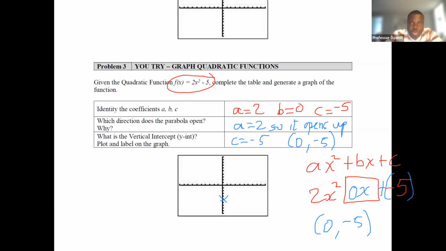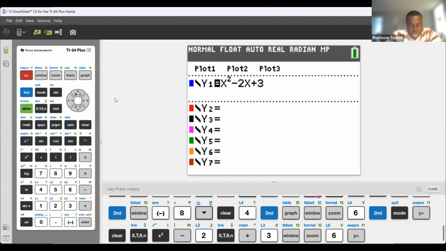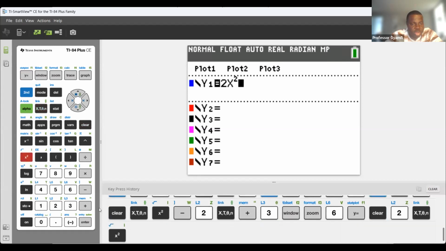All right. So let me go to the calculator again real quick and show you what is going on. So y equals, and then I'm going to erase what I have here, 2x squared minus 5.